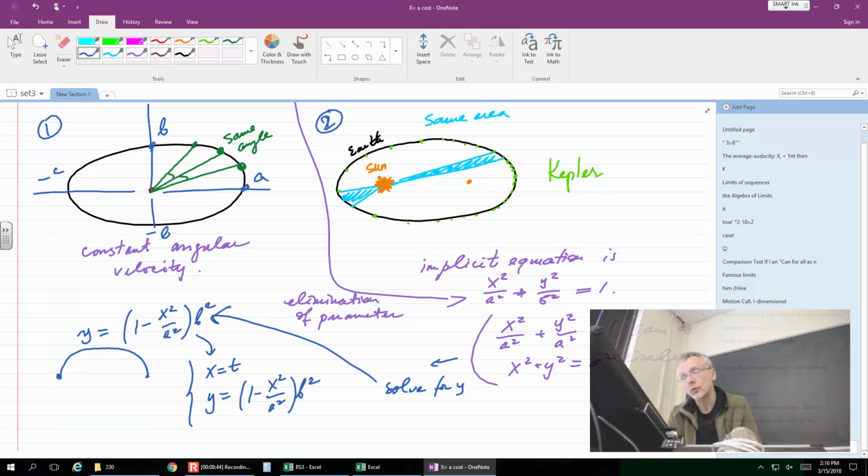So for y, we have an explicit equation, and you introduce a new parameter t, which is equal to x. That means the vertical lines are at equal distances from each other.